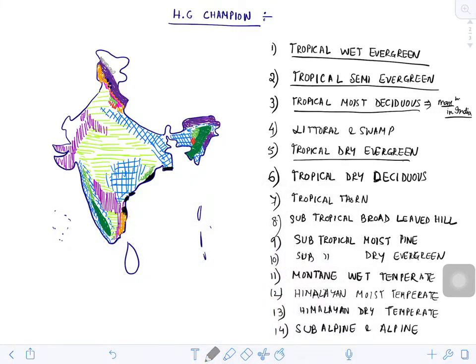In this area, subalpine, and the rest, as we see, this area that is left is mainly arid, hot desert. This is the hot desert, that is the Great Thar Desert, and this is the cold desert, the Leh Ladakh region.